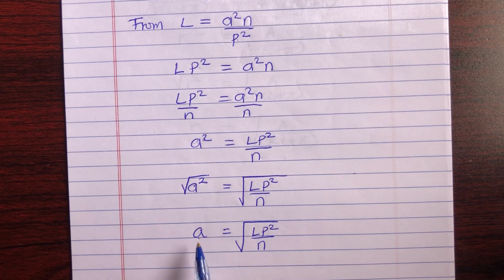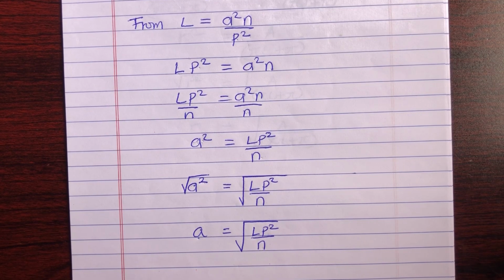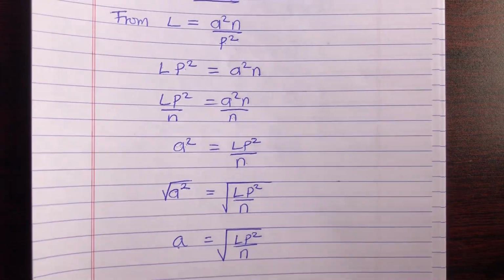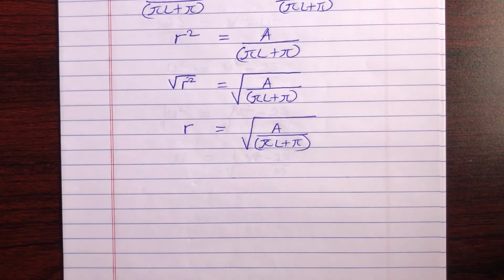So that ends up with A equals the square root of L P squared over N as our final expression, or the final equation. That is our second example.